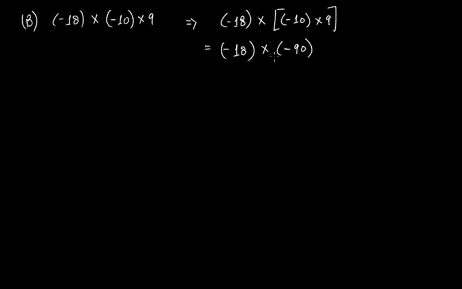If you multiply these two numbers, you'll get 9 8 72, and 7 9 1620, and this minus sign is here.